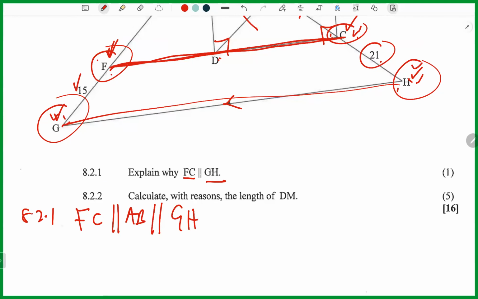So those three lines are involved. And why are these the case? Because they're basically opposite sides of a rectangle.